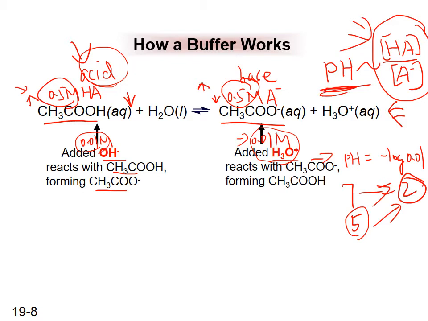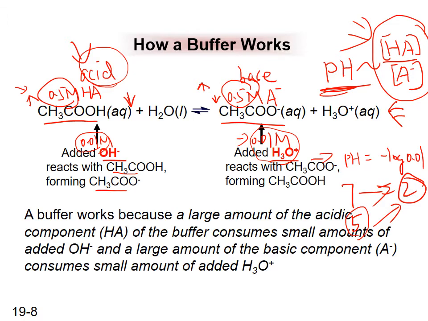pH remains almost constant. So a buffer works because a large amount of acid, in this case acetic acid, can consume the small amount of added hydroxide.